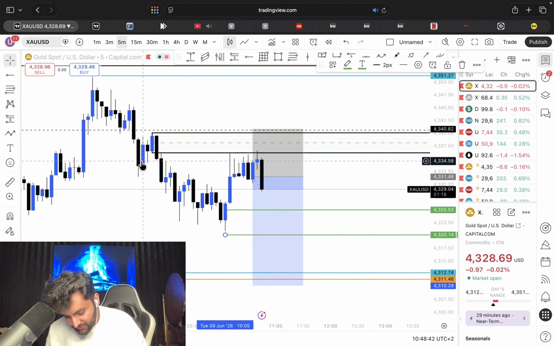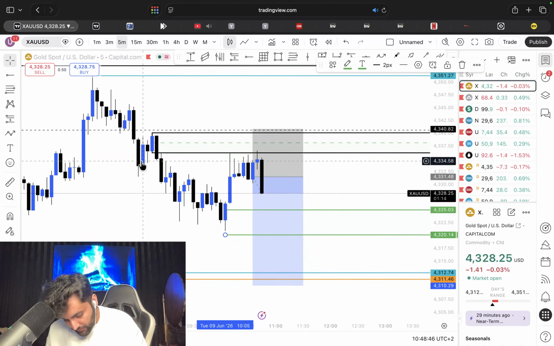It needs to invalidate this fair value gap in order for us to push price lower. It will give us confirmation that we want to go for TP2. And if we break TP2, that means price wants to go lower.